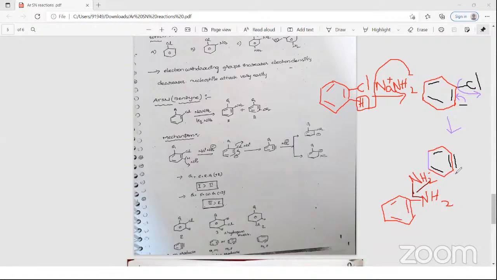Why? Because there are two possibilities, with equal probability, 50%. Therefore, this proves that a benzyne mechanism is involved. It is especially used for amination. This is called the benzyne mechanism.